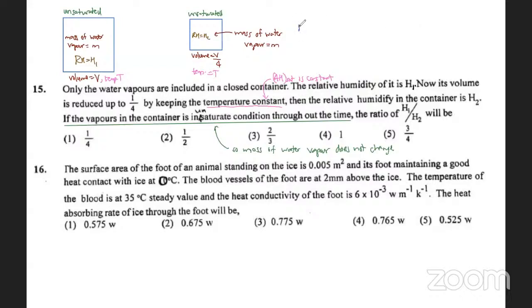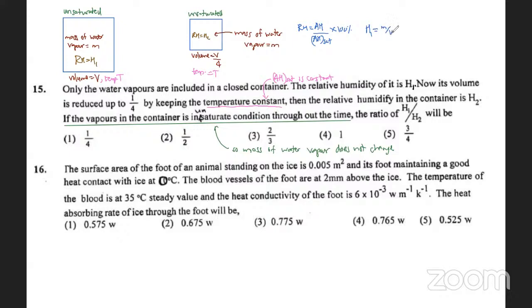RH, what is RH? Equation for RH. RH is equal to absolute humidity over absolute humidity of saturated vapor multiplied by 100. Remember, the one we put at the bottom depends only on temperature. It doesn't change as long as temperature doesn't change. So first equation, H1 will be equal to, what is absolute humidity?